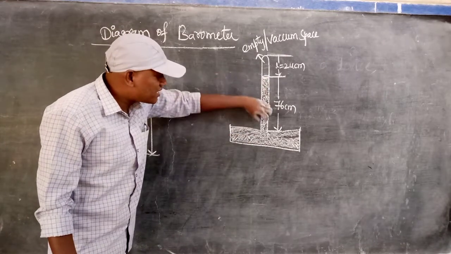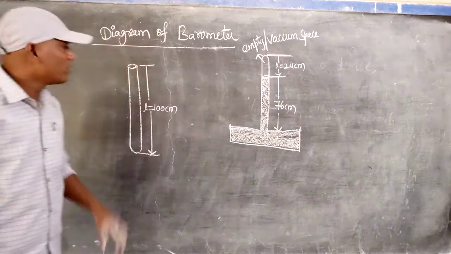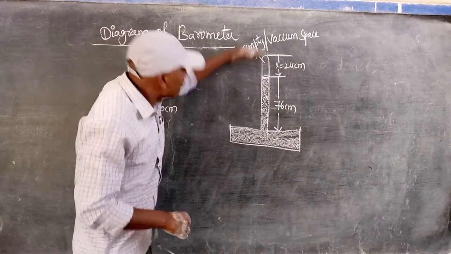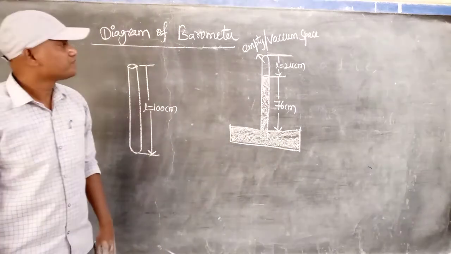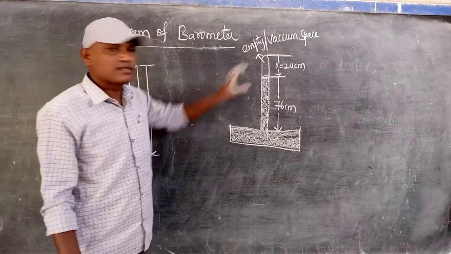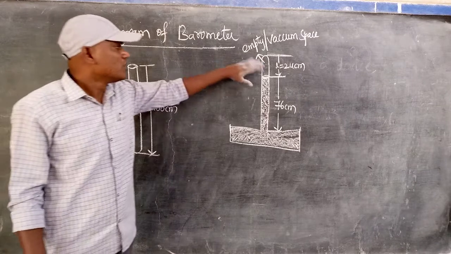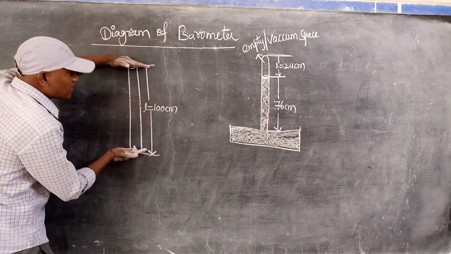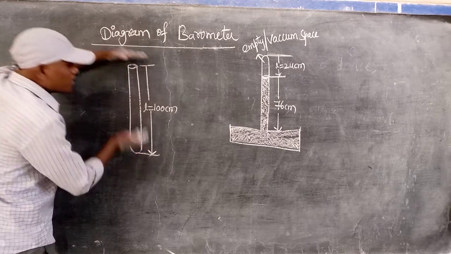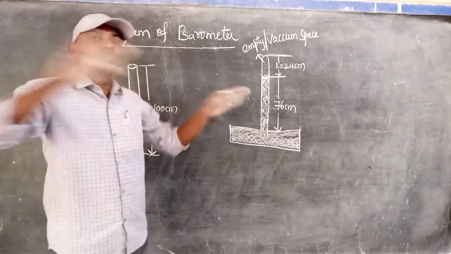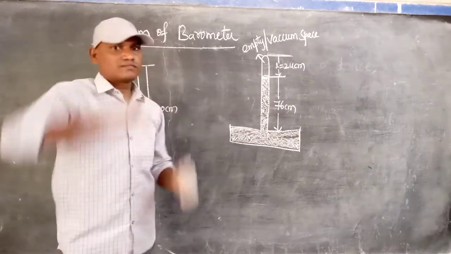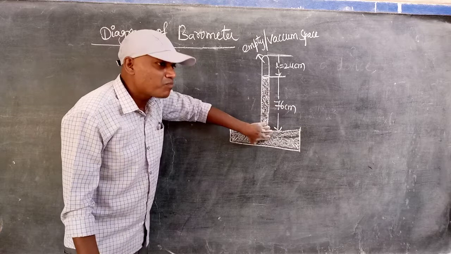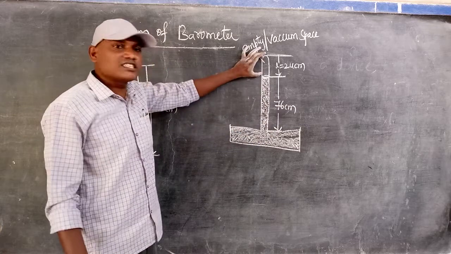Now when it is placed inverted and we remove our thumb at the open end, you observe that some of the mercury falls down inside the tube. Initially, from top to bottom, the total 100 centimeter was filled with mercury without any air, without any space. But now, after keeping it in inverted mode, you observe that some space is formed, or not.